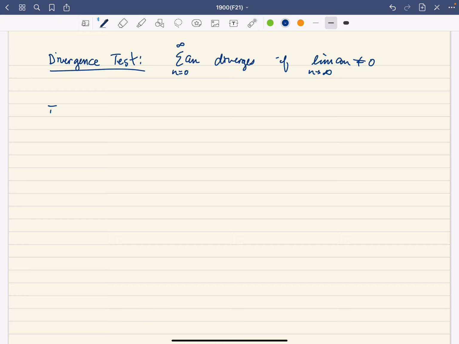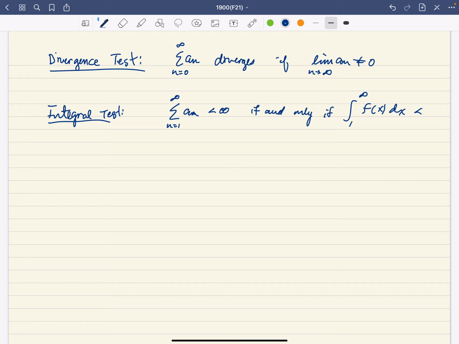In 11.3, we talked about the integral test. The integral test basically says that series and integrals behave a lot alike, and namely, the sum from 1 to n of a sub n converges if and only if the integral from 1 to infinity of f of x converges, where the connection between a sub n and f of x is that a sub n is f of n.